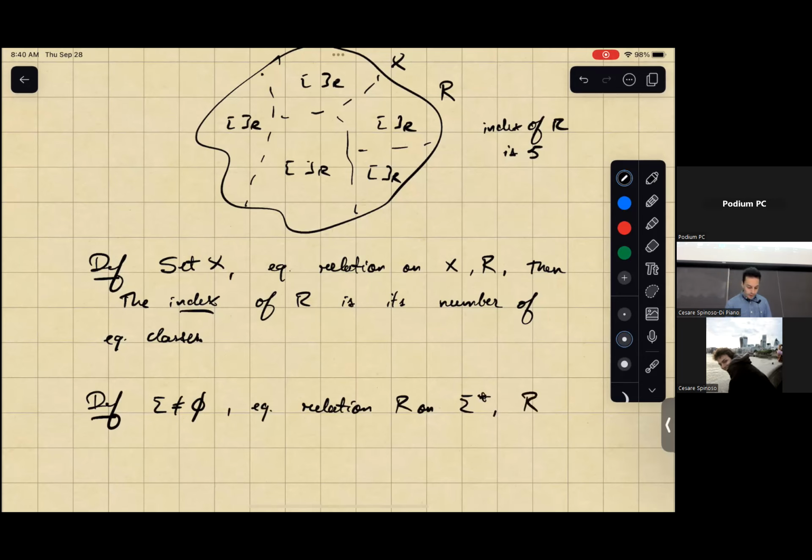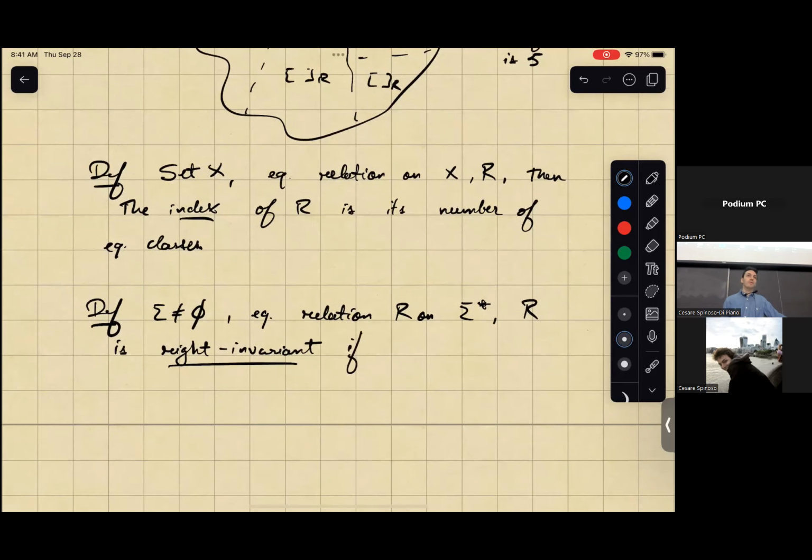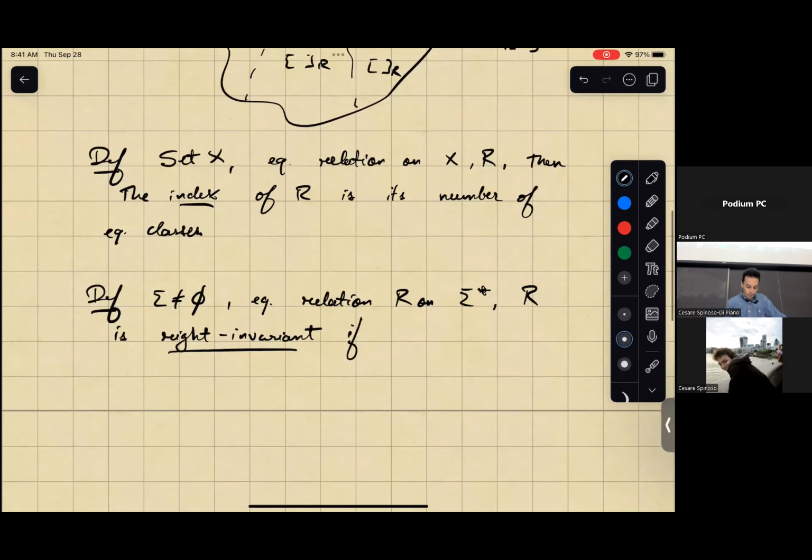Then we say that R is right invariant if, and this is a definition, so really it's an if and only if, the following holds: for every pair of strings x, y in sigma star, if x and y are related through R, then this implies that for any string z, if you stick z to x and you stick z to y, then these two new strings will also be related.